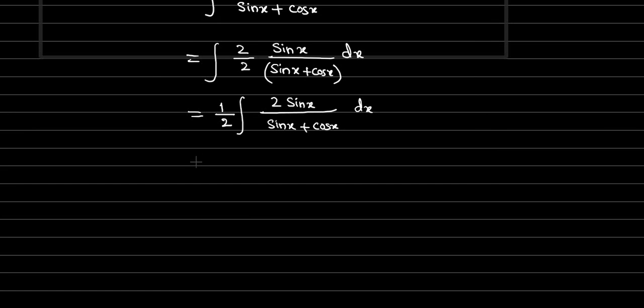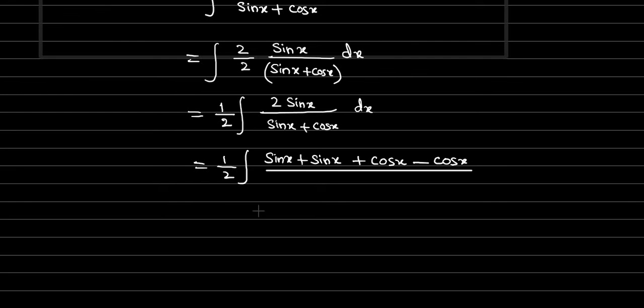So this 2 sin x is 2 times sin x, that is sin x plus sin x. And as I told before, we have cos x, right? Sin x differentiation is cos x, so I am going to add 1 cos x, and for balancing subtract 1 cos x.